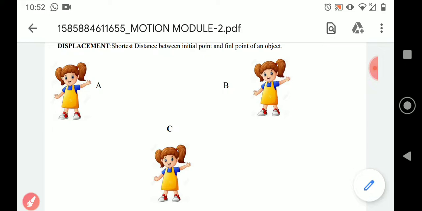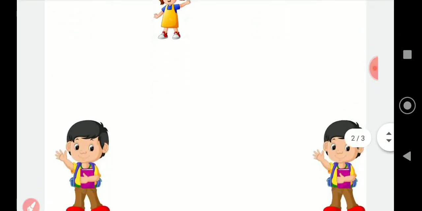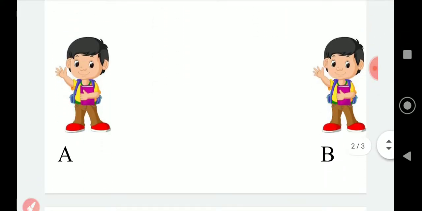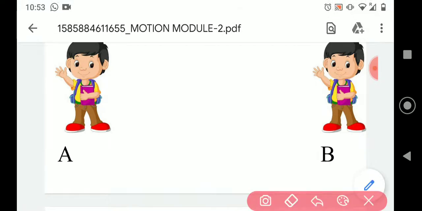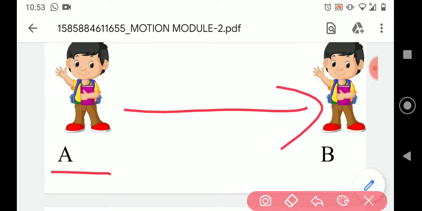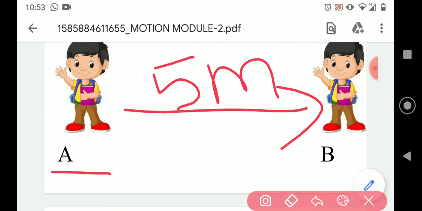Now, let us take an example where distance is equal to displacement. When the object is moving in a straight line, in this case, distance is always equal to displacement. Let us suppose we have a boy at position A at rest. Now he starts moving towards B. Suppose the distance between A to B is 5 meter.